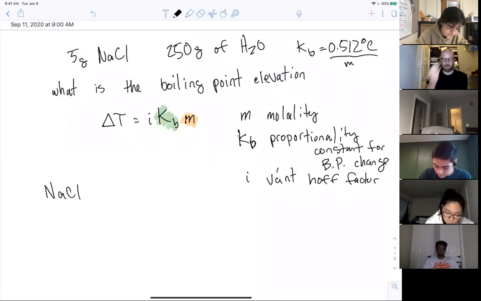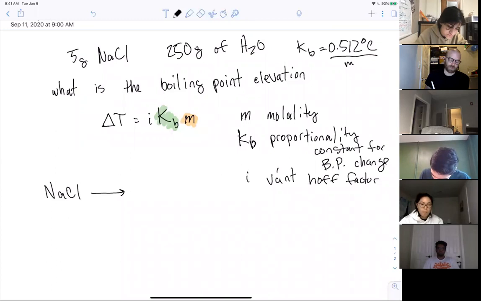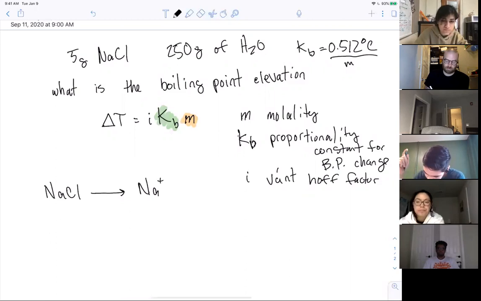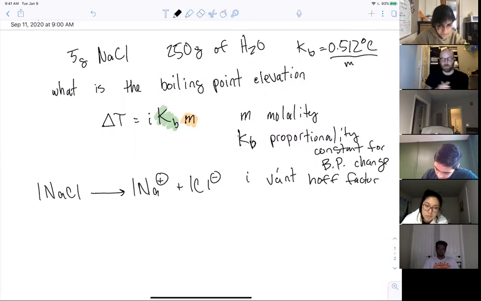For ionic compounds, we generally have to worry about i being equal to something that's not just one. For compounds that are not ionic, so things like sugars, and most compounds, honestly, i is just going to be equal to 1. But if what you're putting in a solution will dissociate, then we have to worry about what i is equal to. We have 1 mole of sodium chloride that we're dissolving, but practically speaking, we end up with 1 mole of sodium and 1 mole of chloride in the solution.